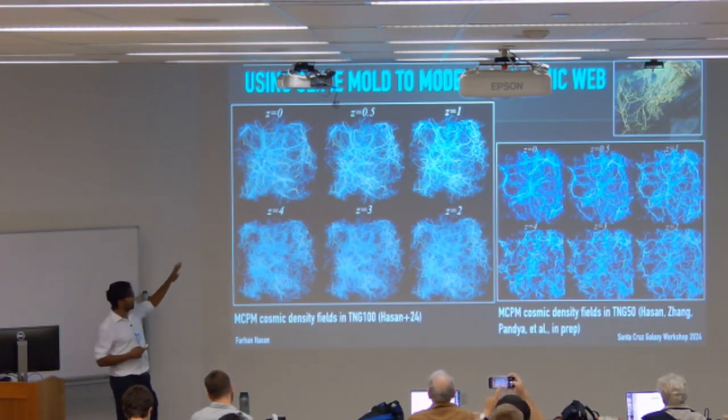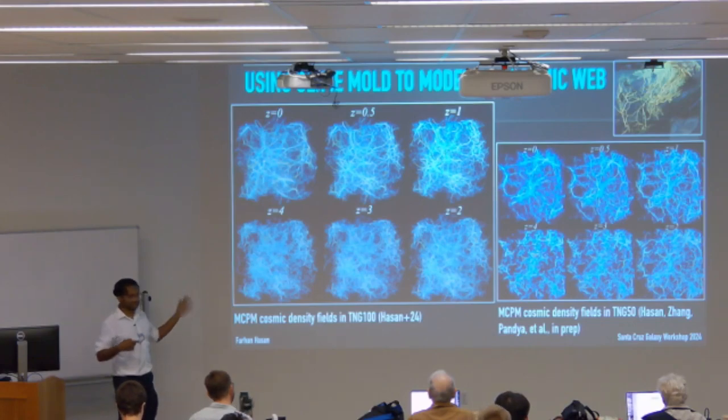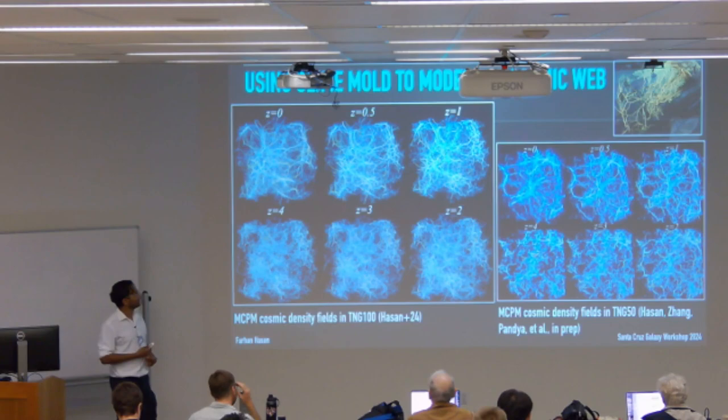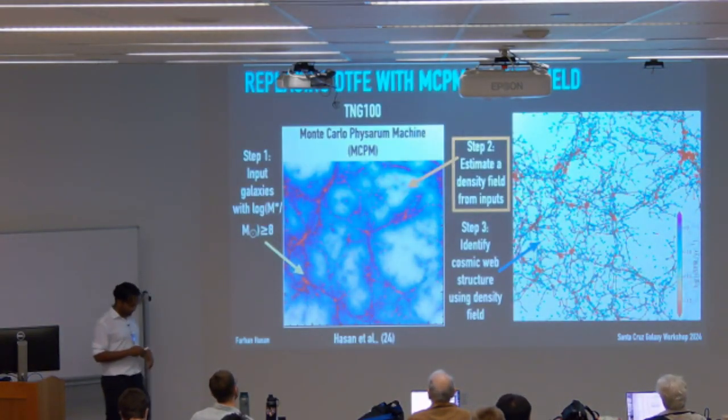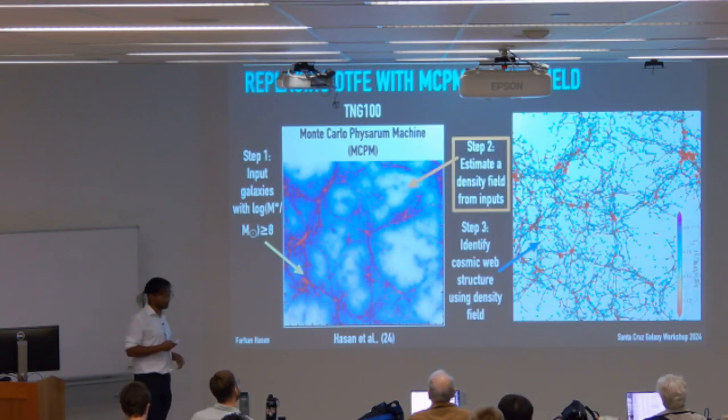And these are slime mold estimated MCPM density fields at different redshift snapshots. Using these, we take an alternative approach to DisPerSE to identify filaments. And what I mean by that is we do something different in step 2. We replace the DTFE density field, which is prepackaged in DisPerSE, with the MCPM density field.